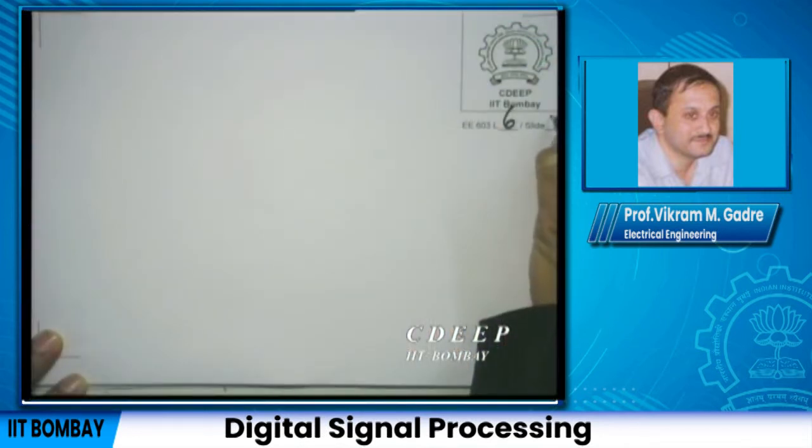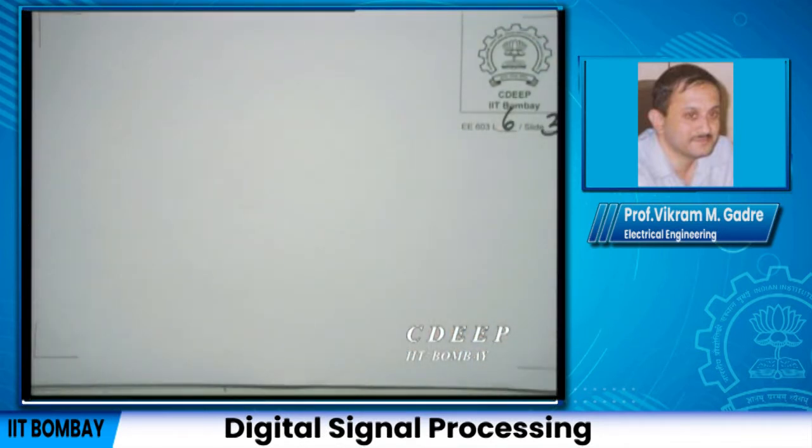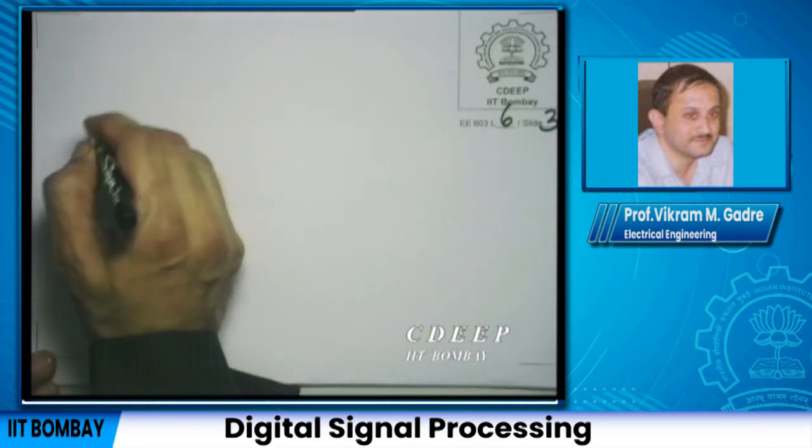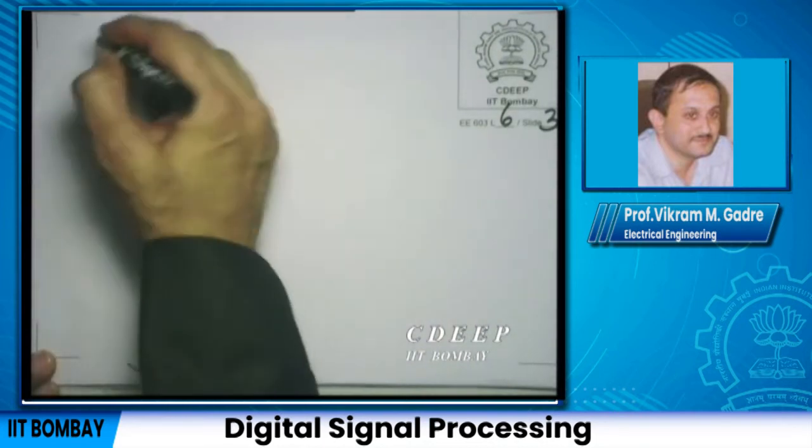And that is what we are now going to prove. Well, the first step in the proof is to observe that one can express any input in terms of the unit impulse, and that is very easy to see. So, let us take an arbitrary example of an input.